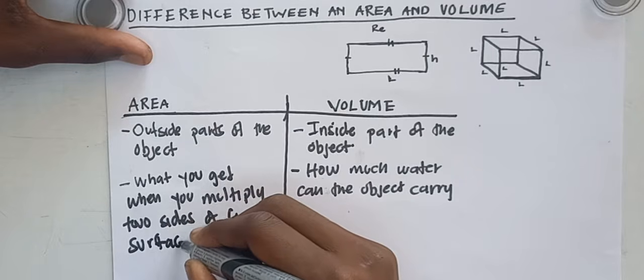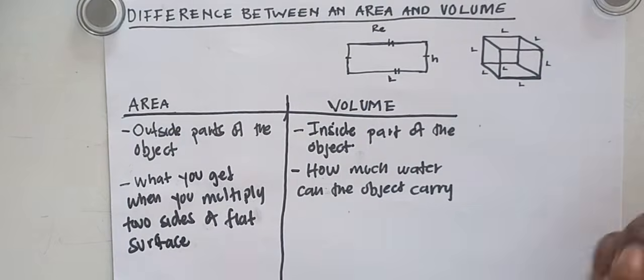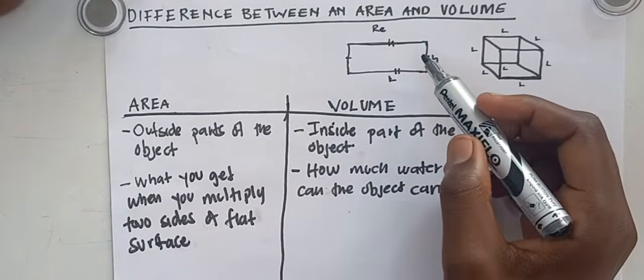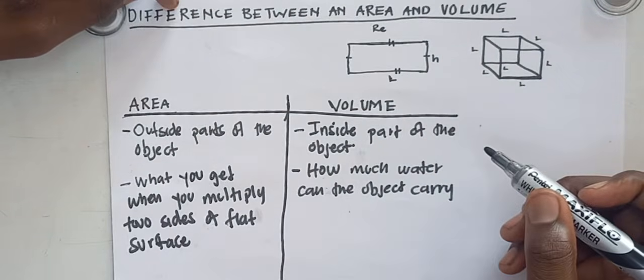I hope this definition will engrain something in you. So if we take two sides of this rectangle and multiply them, what we get is the area of it.